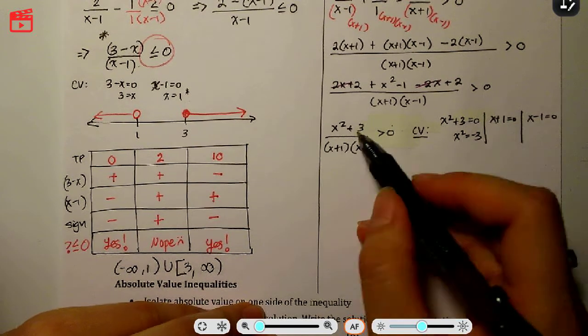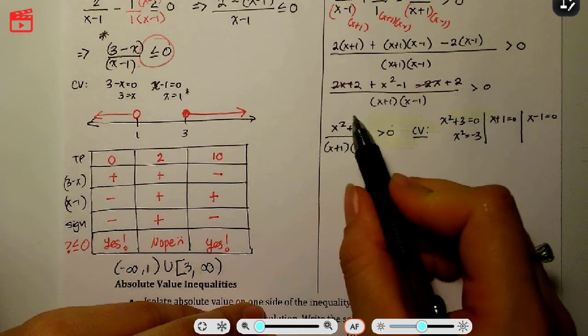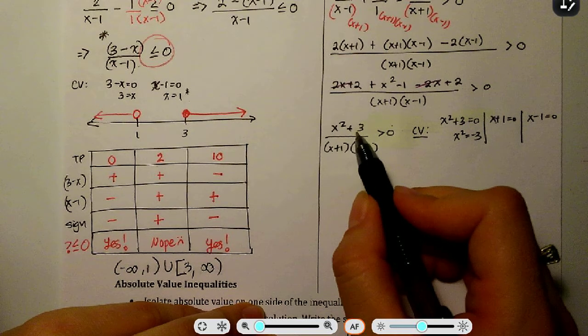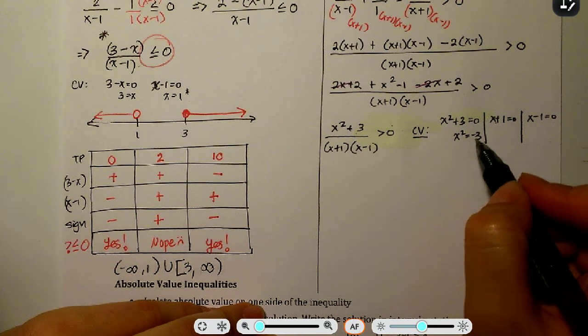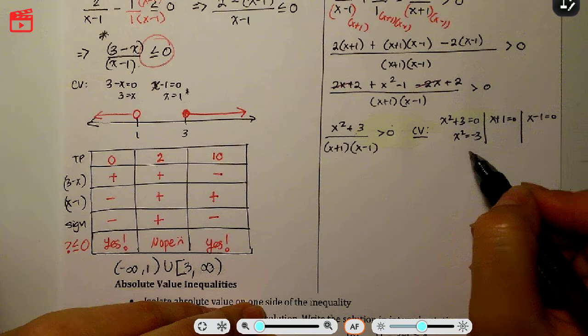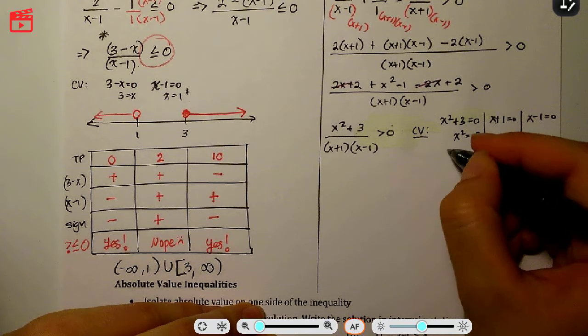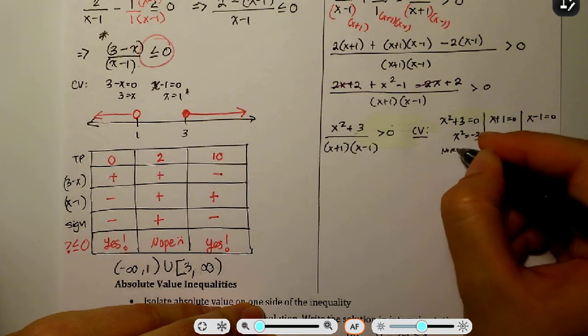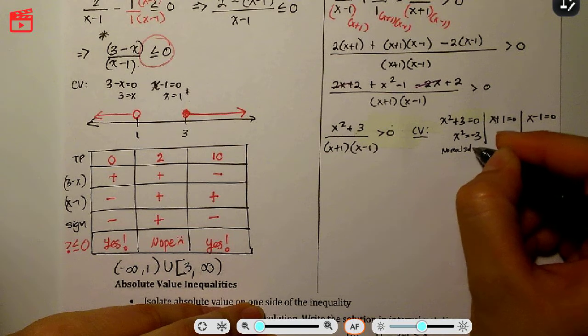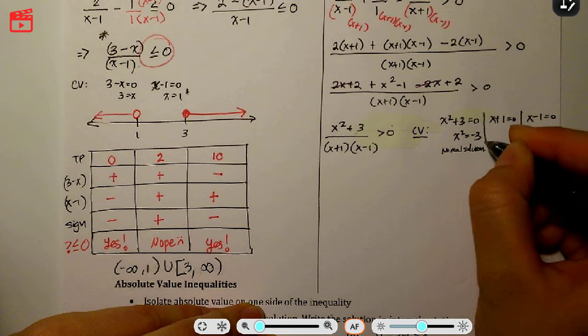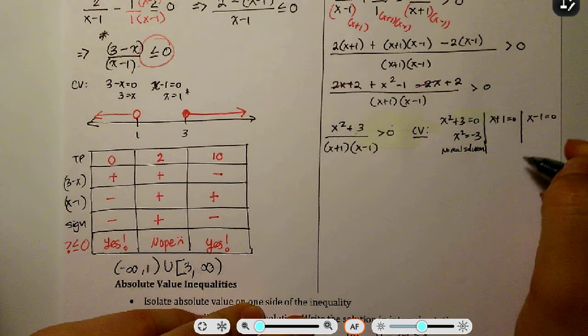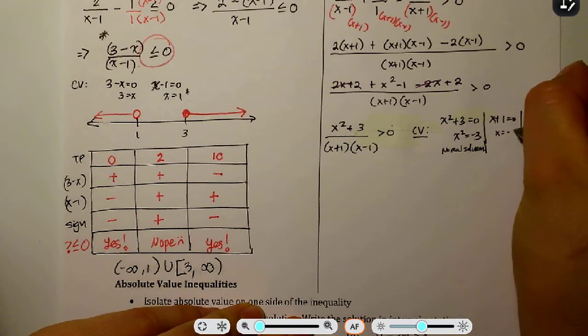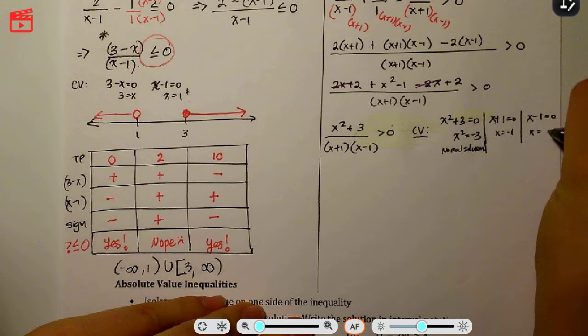In fact, is there any number I could plug into the numerator that would make this turn into 0? No, there's no way to make this 0. So this doesn't give me a critical value, so we're just going to leave it. No real solution. So no critical values from the top. Let's go ahead and get critical values from the bottom.